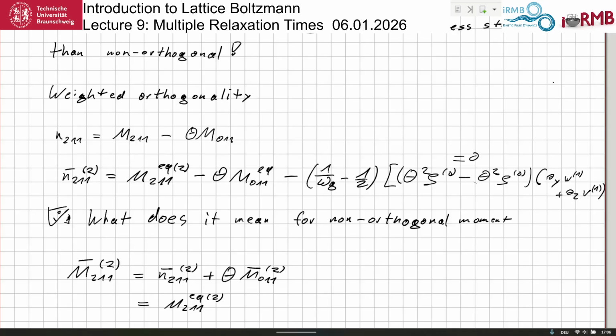So here there is no non-equilibrium part in this, as we have identified. So all we get is theta m11 equilibrium plus theta 1 omega BGK minus 1/2.